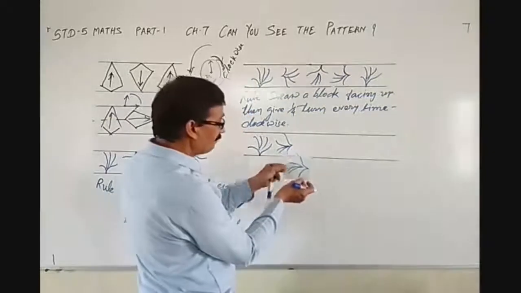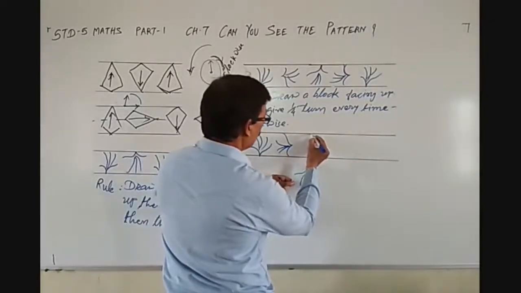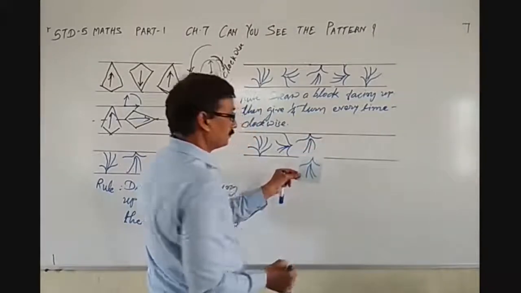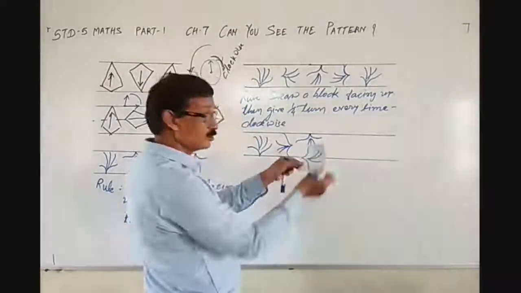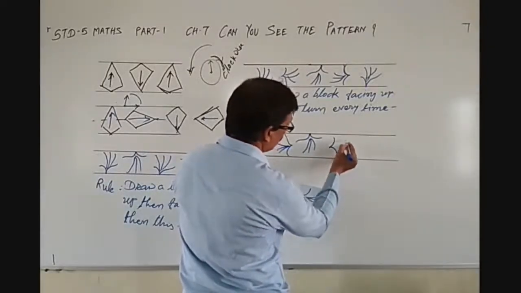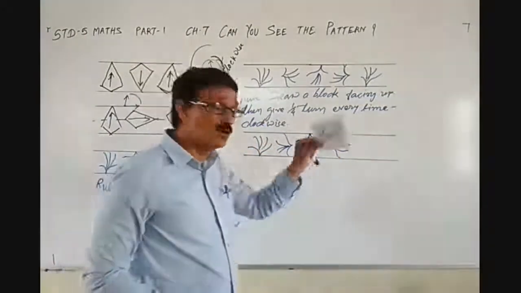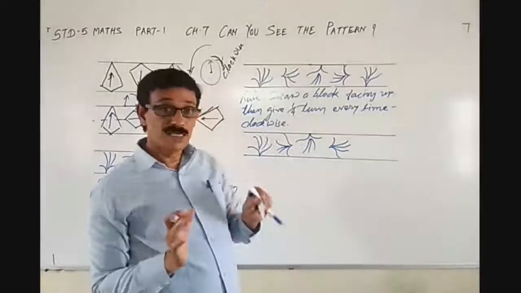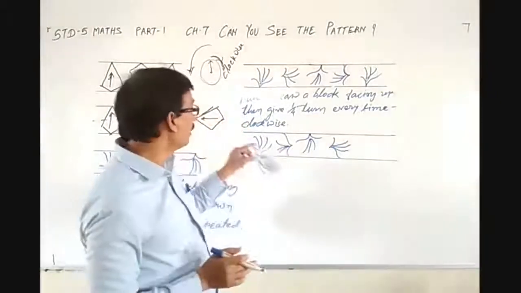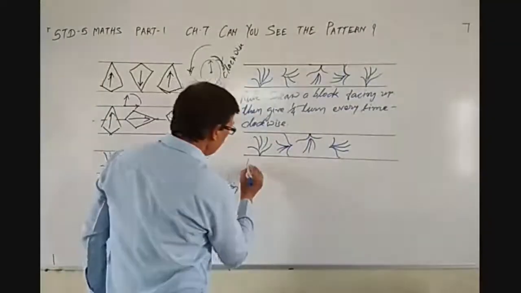Then after, once again it will rotate to this position. So it will be something like this. Once again in this position, so it will go this way, further. Okay, so here it is, and this is our rule in which we rotate anti-clockwise.